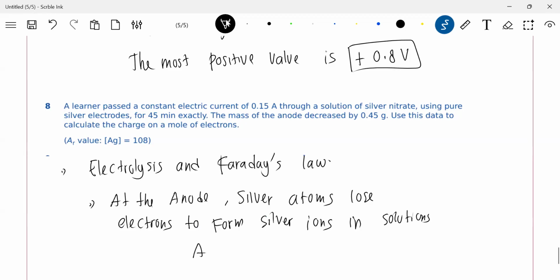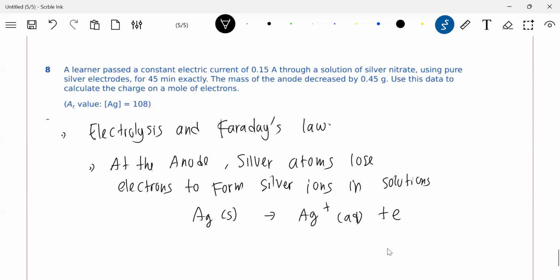Ag is perak in bahasa. Ag becomes Ag plus aqueous, meaning larutan, plus electrons. Why, sir? Because this is positive and then negative becomes neutral.